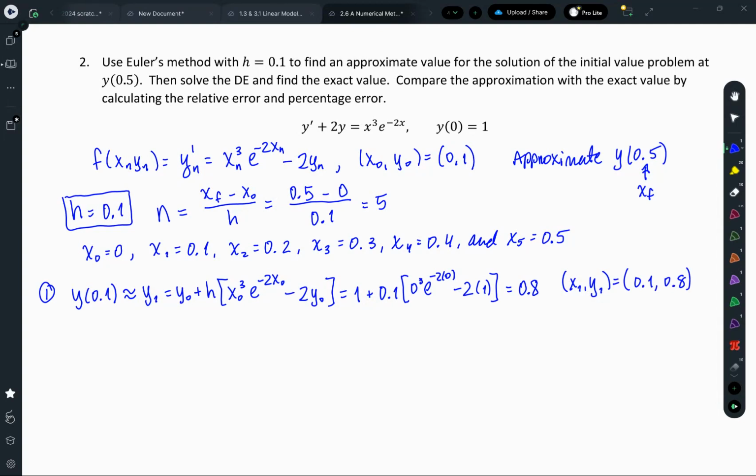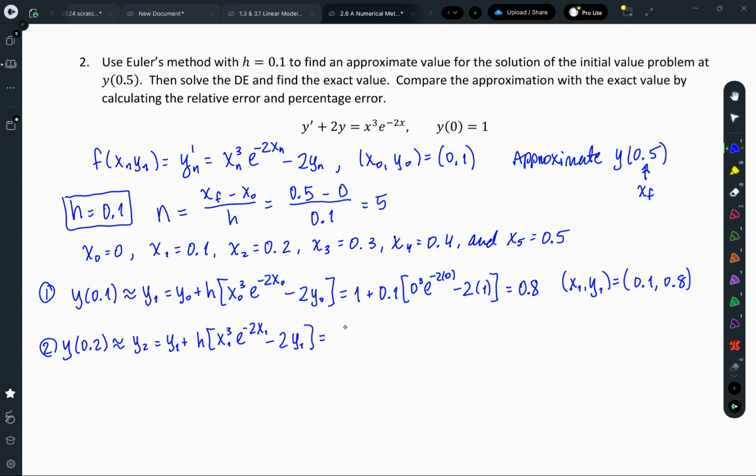Okay, second step, y of 0.2 is approximately y2, and this will equal y1 plus h times x1 cubed e to the minus 2x1 minus 2y1.